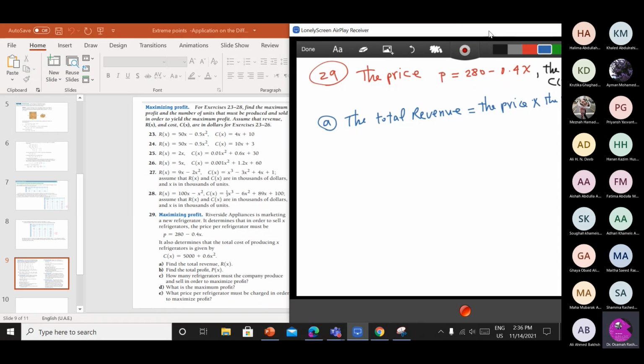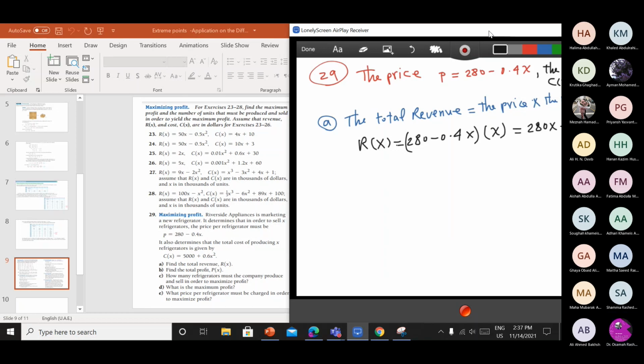This is the revenue. So R of x will equal the price, which is 280 minus 0.4x, times the number of items x. So the total revenue will be 280x minus 0.4x squared. So I get section A.